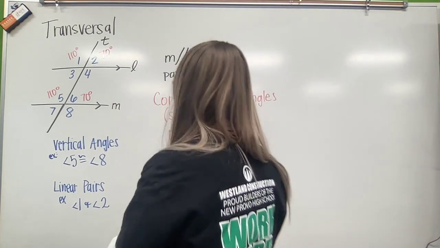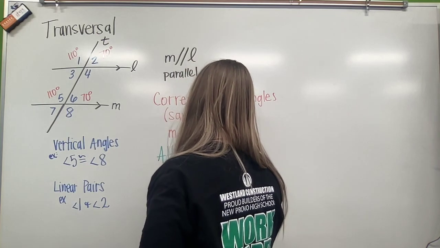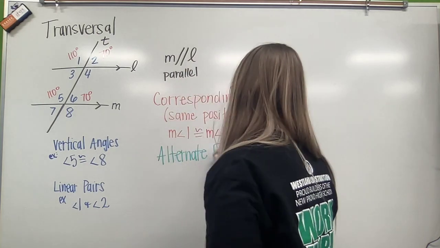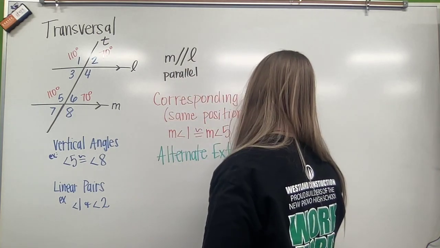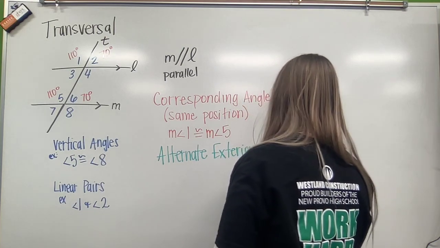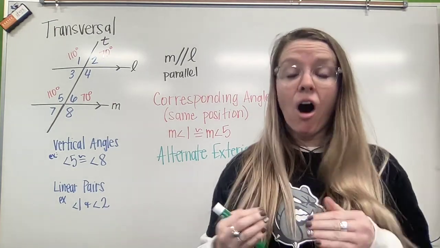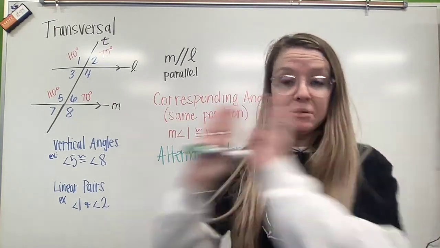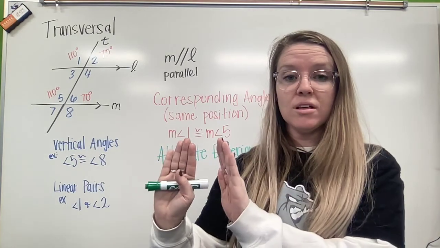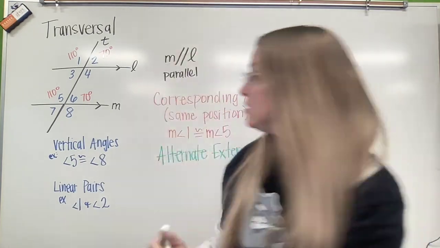All right. The next one, their fancy names here, alternate exterior angles. Alternate exterior, it is what it is. Alternate, meaning they're on opposite sides of the transversal, and they're on the outside of the lines.